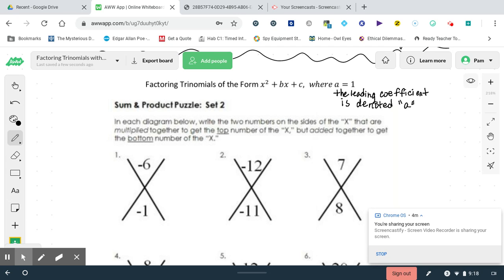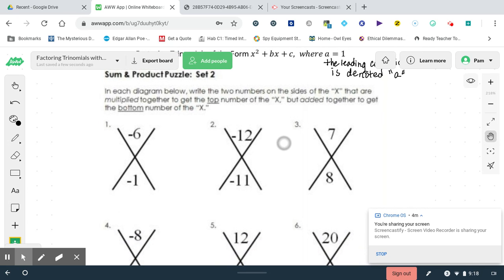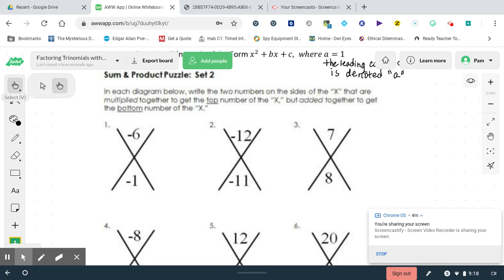All right, so forget all that for a minute. We're going to shift gears and go to sum and product puzzles. Sum means what you get once you add. Product means what you get after you multiply. So we're going to be adding and multiplying to get these numbers, all right? So let's read.